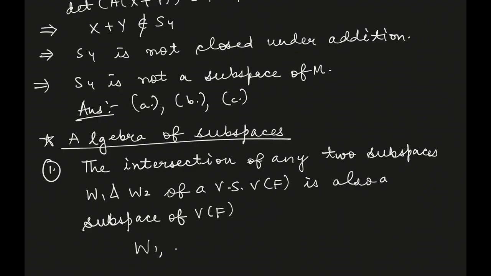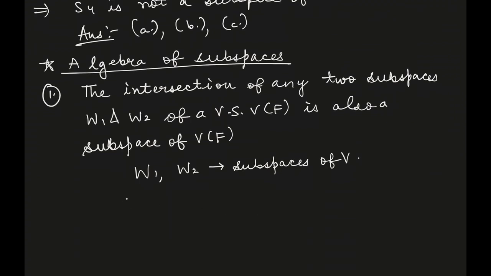Means if W1 and W2 are two subspaces of V, then their intersection W1 intersection W2 is also a subspace of V.